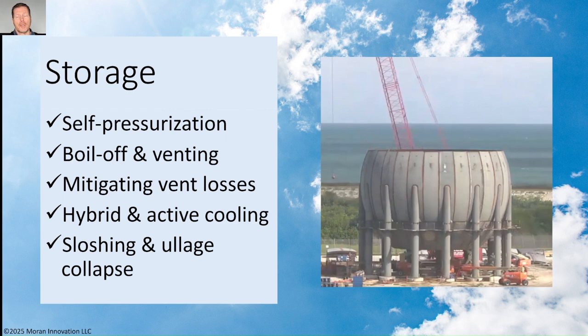And we'll get into hybrid and active cooling methods that begin to address that. As well as in the final topic in this section, we'll talk about sloshing and potential ullage collapse that can occur if you have subcooled liquid in a tank that is induced with sloshing through movement of some type.